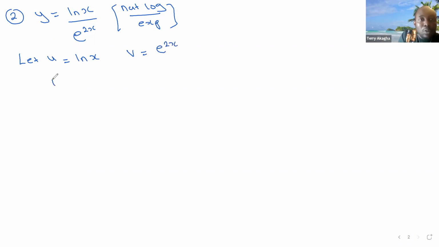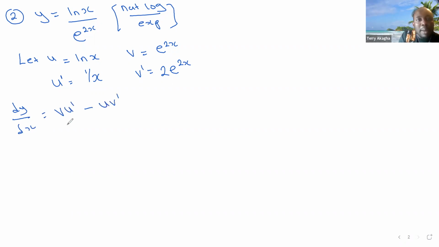Remember, I told you when you differentiate ln x, it's going to give you 1 over x. And when you differentiate v, it's going to give you 2 exponential 2x. Then we'll put it back into the formula. Remember that dy over dx is going to be equal to v u prime minus u v prime over v squared.